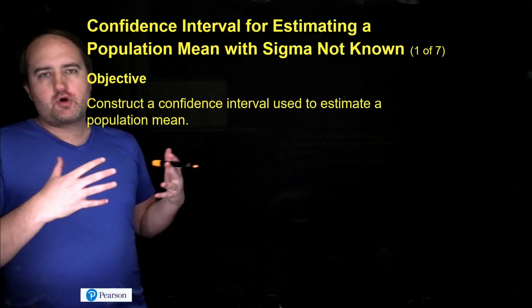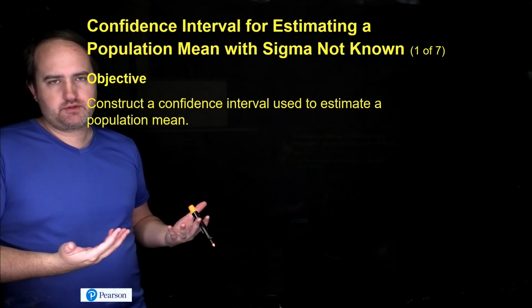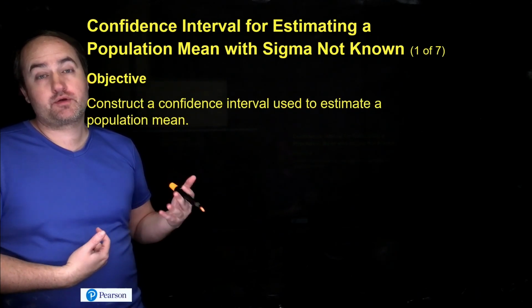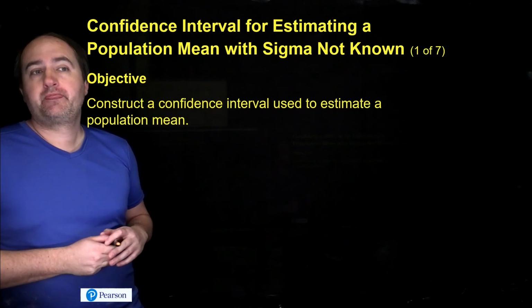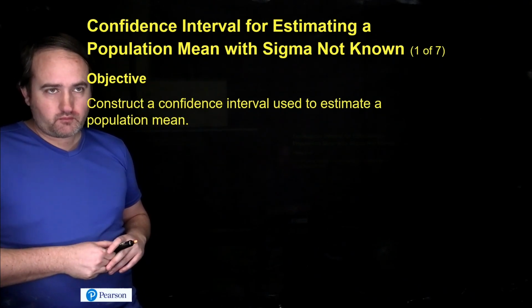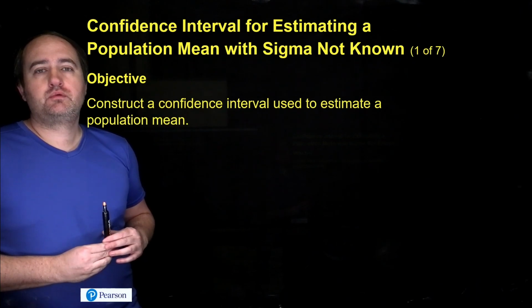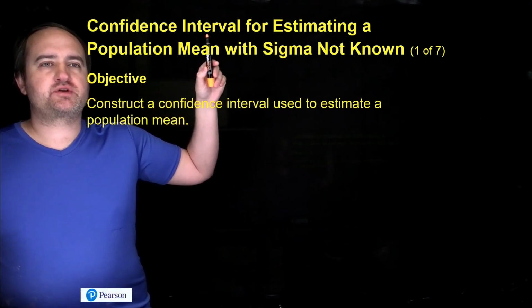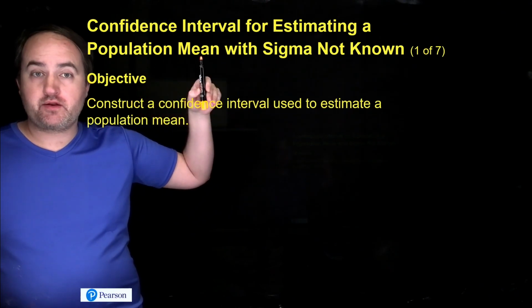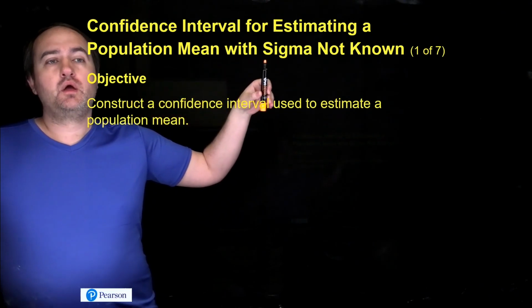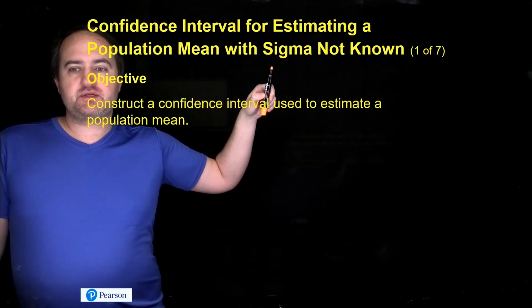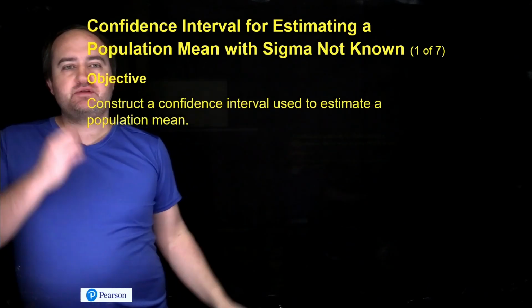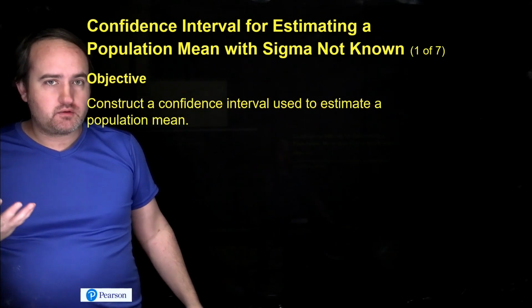So on all of your homework questions and your quiz questions from this section, and then also on the exam, we are going to go under the assumption that when we're constructing a confidence interval for estimating the population mean mu, sigma, which is the standard deviation, is not known.